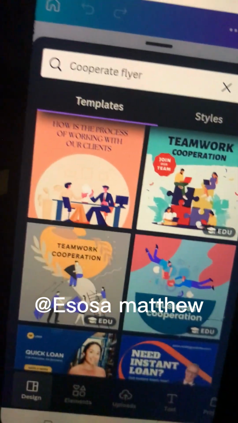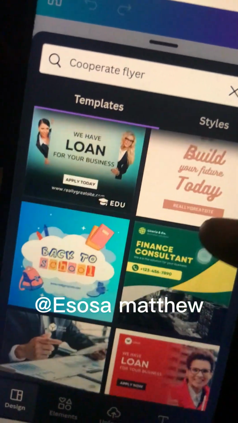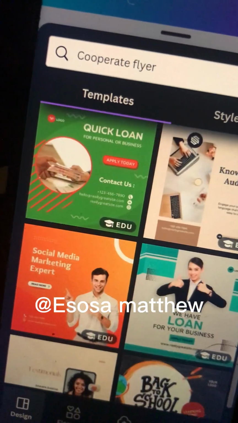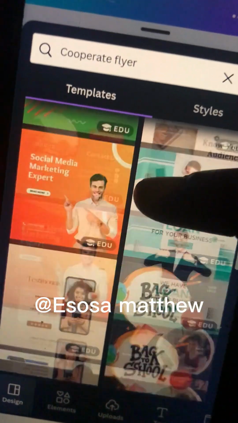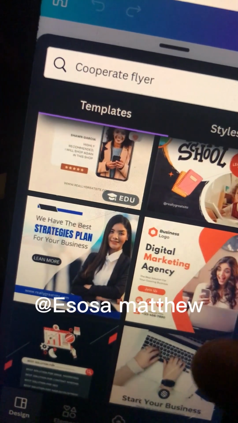All right, so these are examples of corporate flyers. They are used to attract people to certain products or services. You can see this one: we have loans for your business.